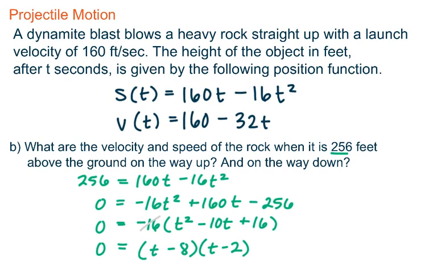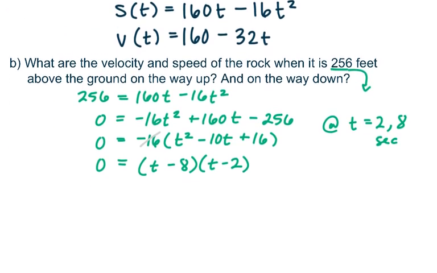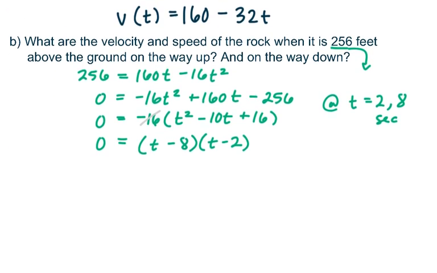So the position, or the height, is 256 feet at t equals 2 and 8 seconds. So we know we are at that height at t equals 2 seconds and at t equals 8 seconds.